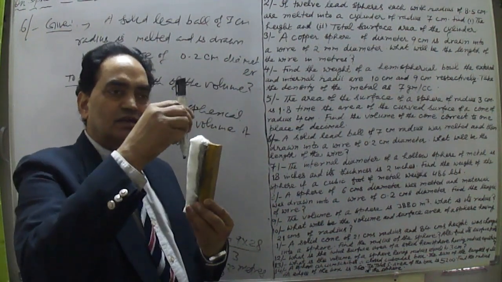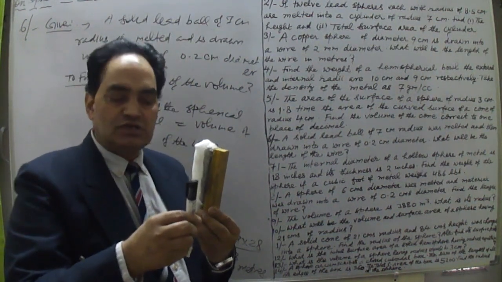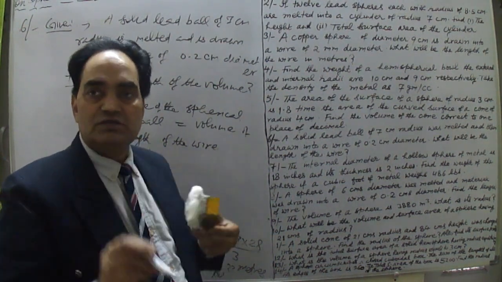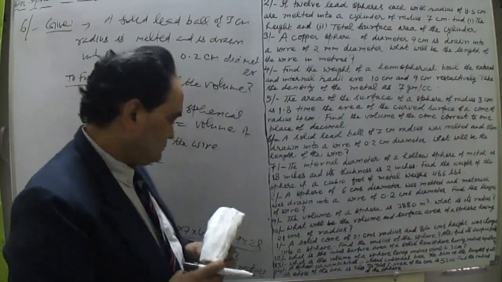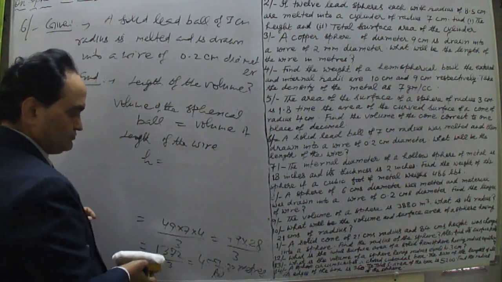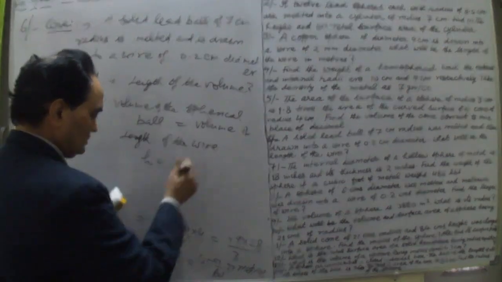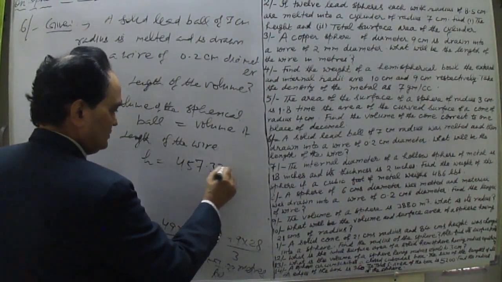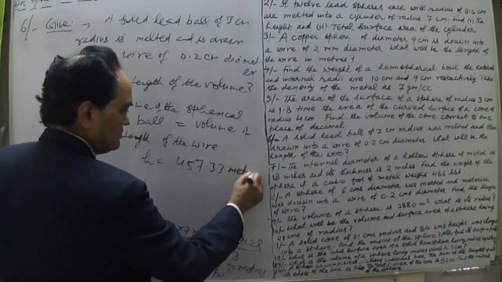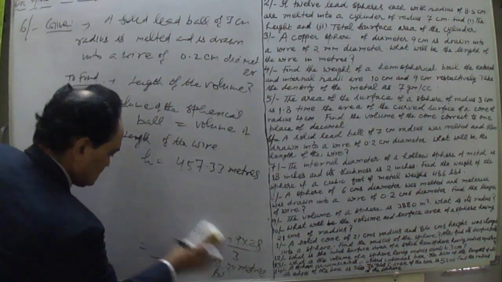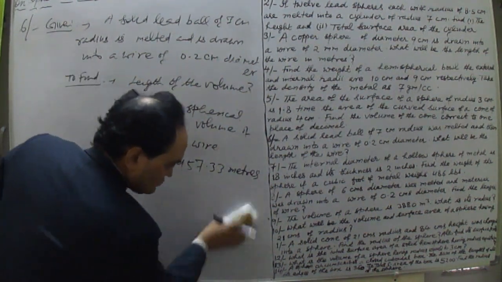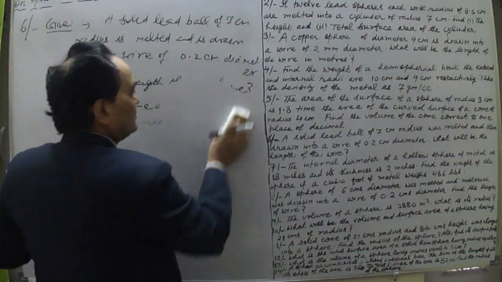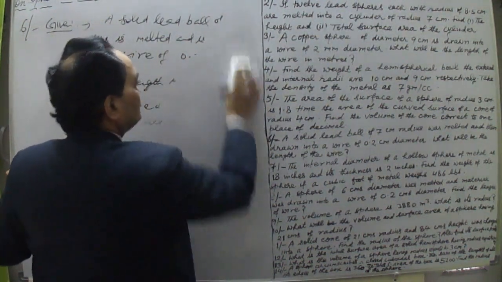If it is standing vertically, it is height; if it is lying parallel to the earth, it is length. So the length we have finally calculated is 457.33 meters.